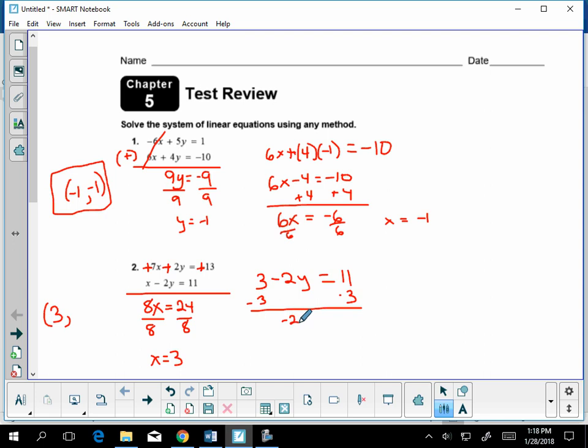Negative 2y equals 8. Divide by negative 2. y equals negative 4. So my solution is 3 comma negative 4.